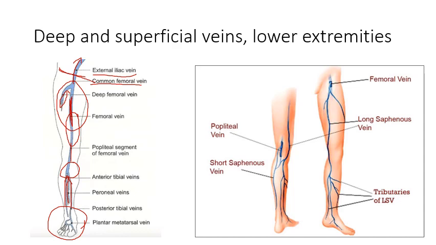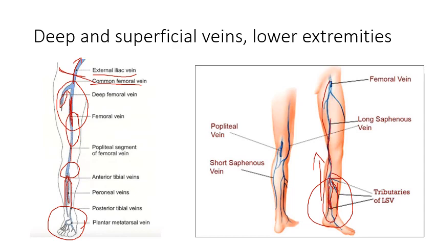If we look at the superficial veins, and they're going to be important when we talk about wounds, there are especially two, and that is the long saphenous vein that is located on the inside of the thigh. It starts down here and the blood moves in that direction, collecting small superficial veins into the long saphenous vein.